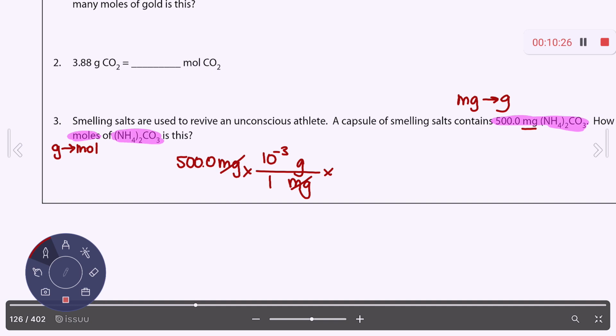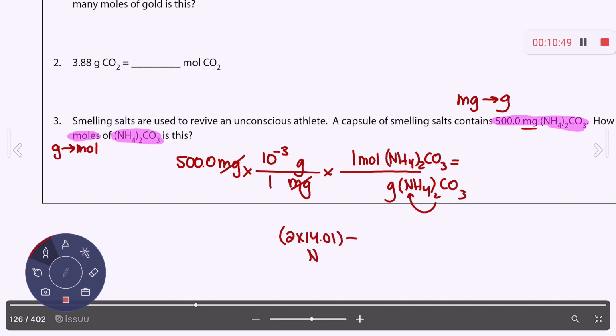Okay, and then we can convert grams into moles using the molar mass. All right, so let's calculate the molar mass. So we have got 2 nitrogens, because you have to distribute the 2 to everything inside the parentheses. So 2 times 14.01 for nitrogen, plus we have 8 hydrogens.